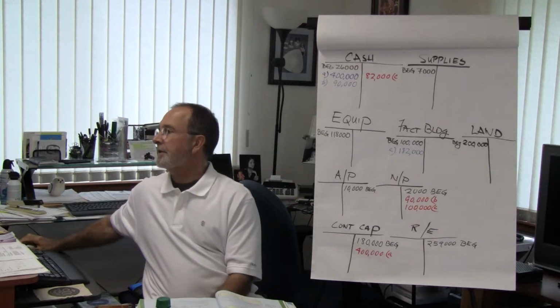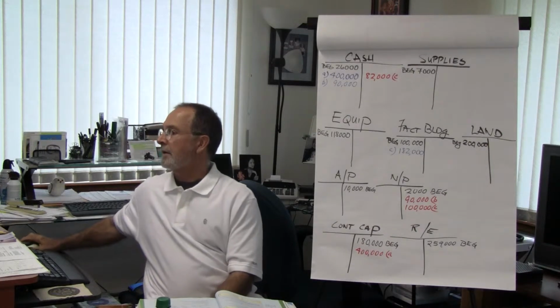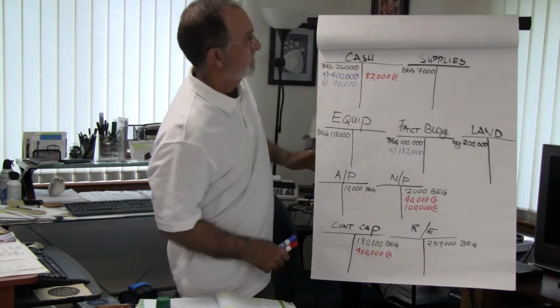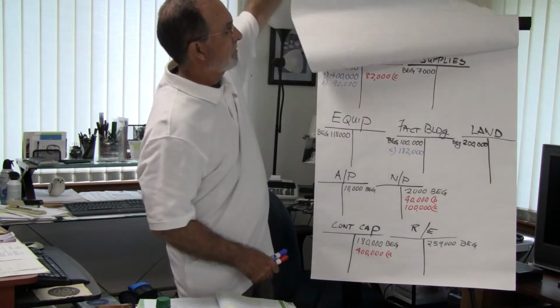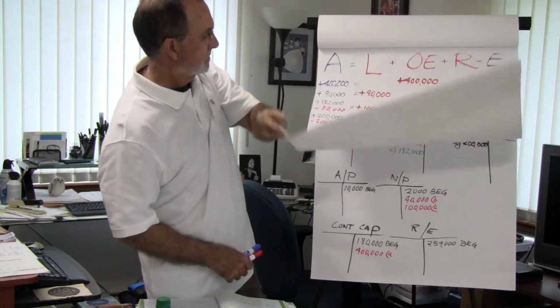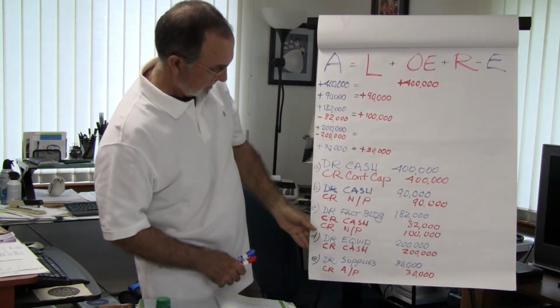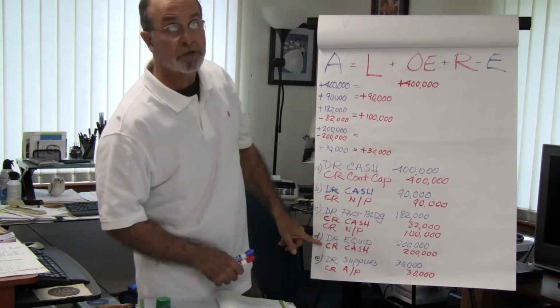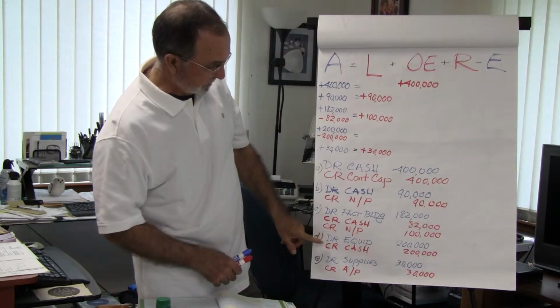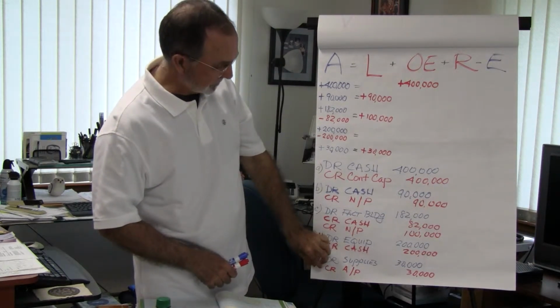In transaction D, we bought equipment for cash. We debit equipment, credit cash $200,000.